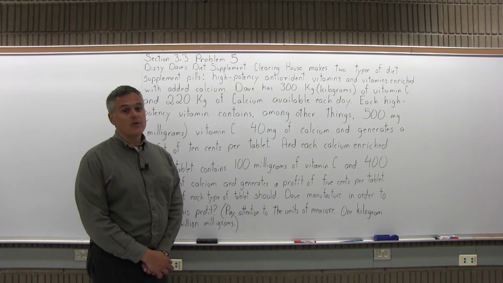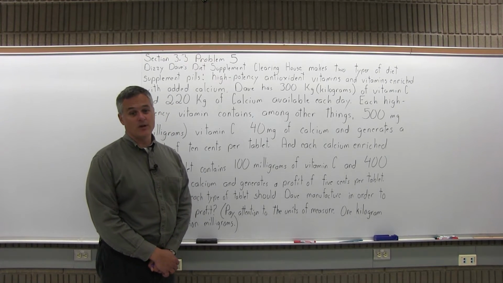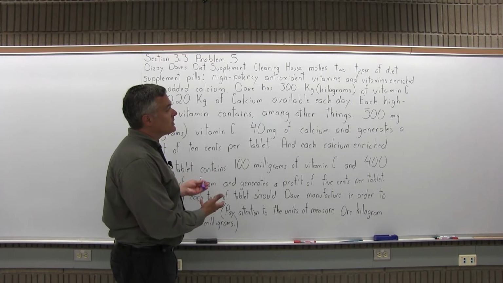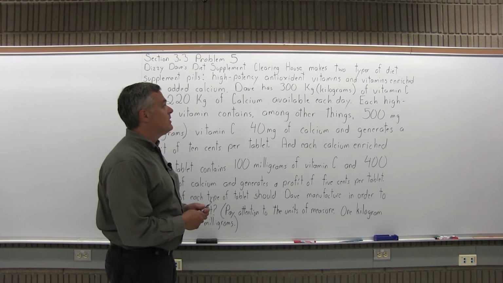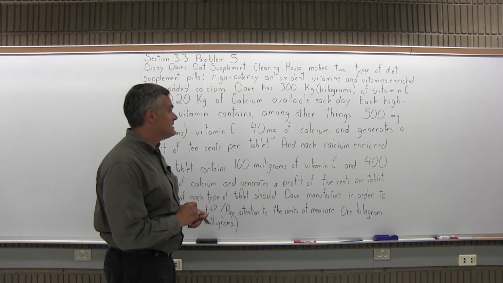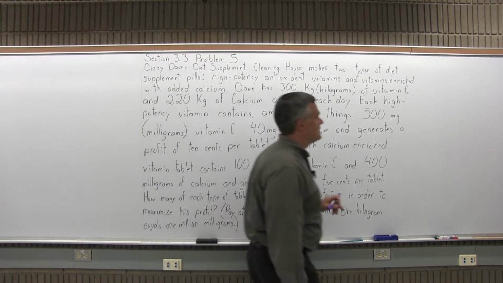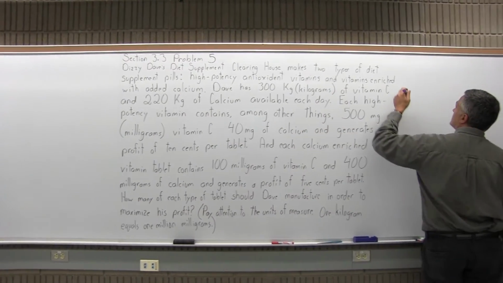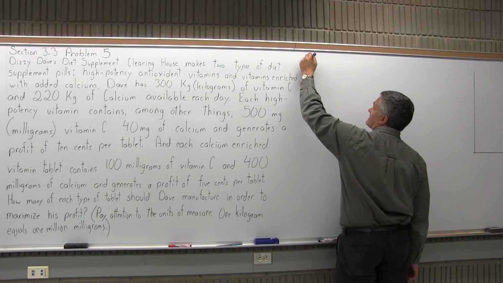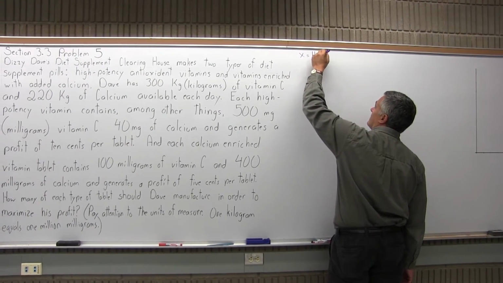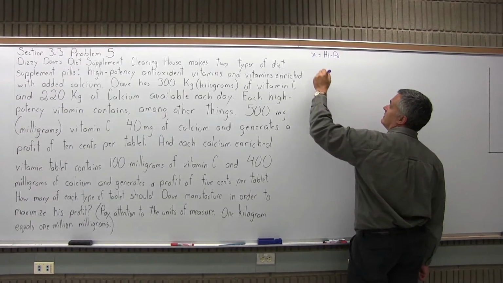So to set it up, the first step is identify the variables. The variables are the two things being made. And what's being made in this are 2 types of supplement pills. You have the high-potency one and the vitamin C one. So the high-potency antioxidant vitamin is mentioned first, so since it comes first, I'm going to make it X. X equals, and I'll just abbreviate it, hypo for high potency.